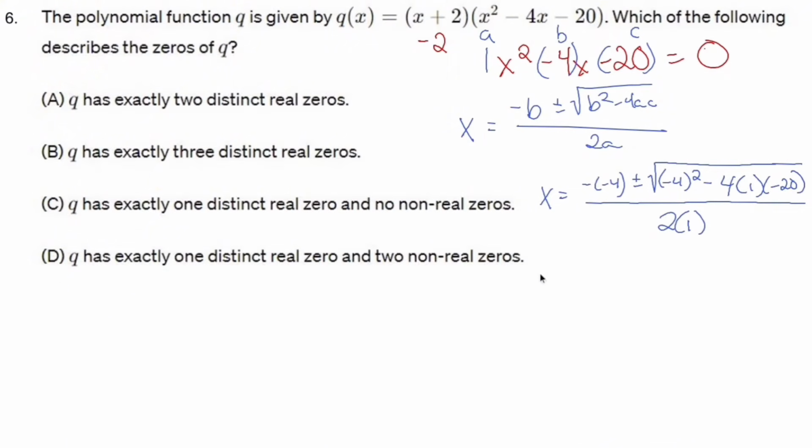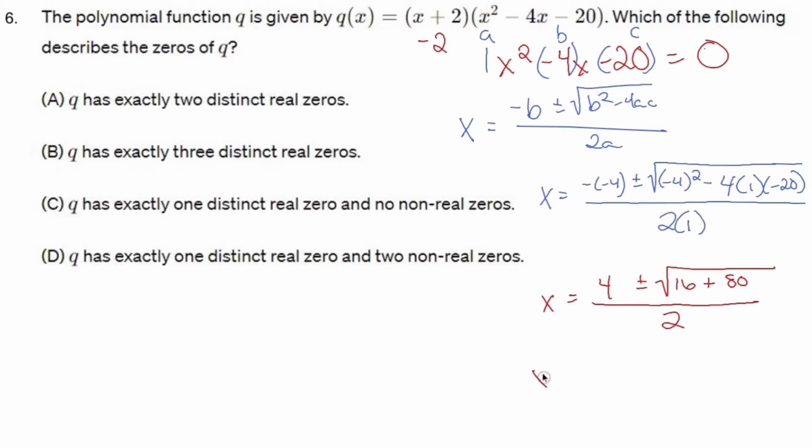All right, so let me see what I can simplify here. I can simplify -4 to +4, check. Plus or minus the big square root. I can simplify -4 squared into +16. -4 times 1 times -20 is going to be plus 80, all over 2.